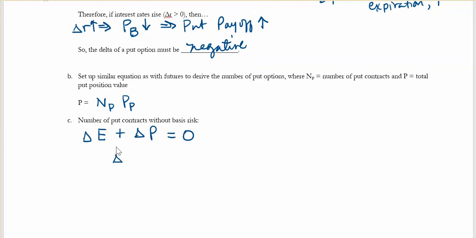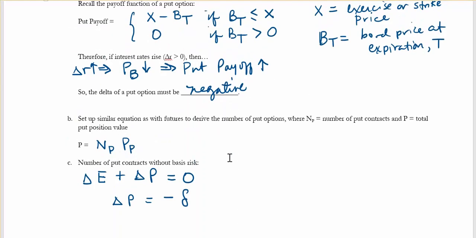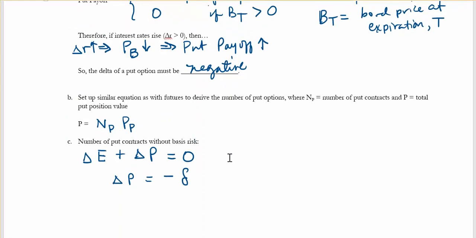Let's just talk a little bit more about the delta P. So we've defined this lowercase Greek delta, remember, as the change in the value of the put contract with a change in the price of the bond. So if we have a change in the price of each bond that underlies the contract, and then we multiply it by the number of contracts, we have the change in the put position.